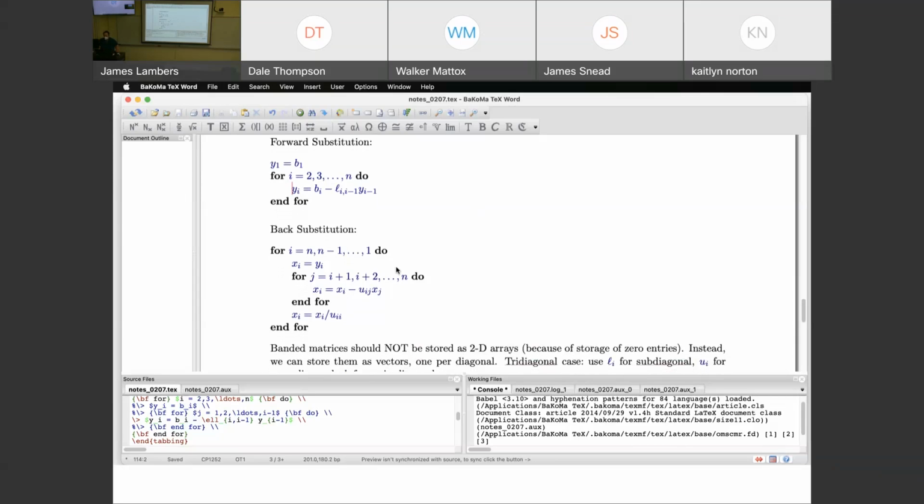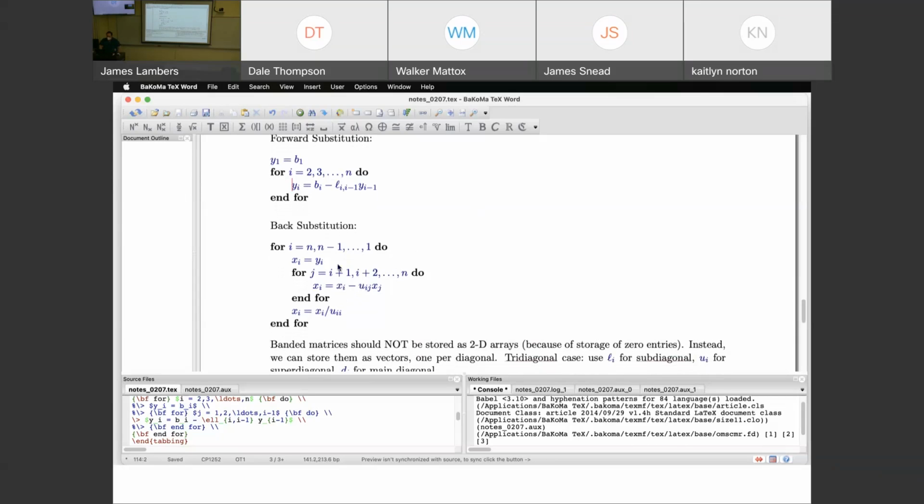Same thing comes up in back substitution. So here's a back substitution algorithm, general case. But U has the same upper bandwidth as A. That's an upper bandwidth of 1 in the tridiagonal case. So if i and j differ by more than 1, this entry is 0, nothing is happening. So j only needs to be equal to i plus 1.